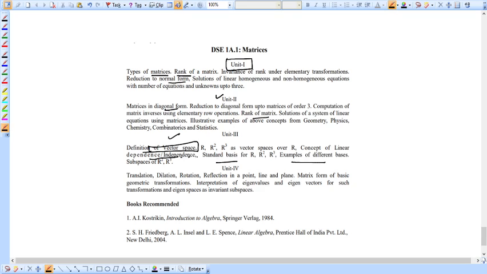Then comes the last unit. In this we will be doing translation, dilation, rotation, reflection, some basic geometric transformations, and eigenvalues and eigenvectors.